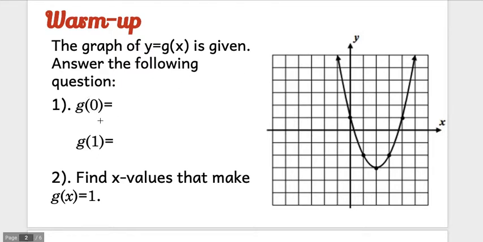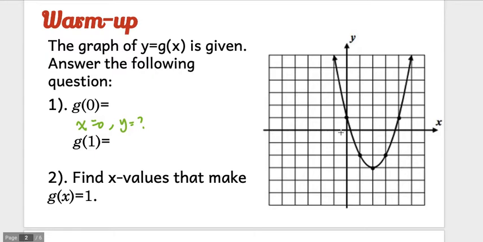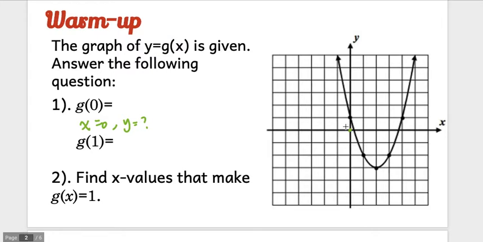Based on the discussion we had before, we know, first of all, g of x is a function notation, which is y. And g of 0 is basically asking us, when x equals 0, what is y? All we need to do is look for the value of x on the x-axis, so 0 is here. The graph is on the top part, so we go up 1.